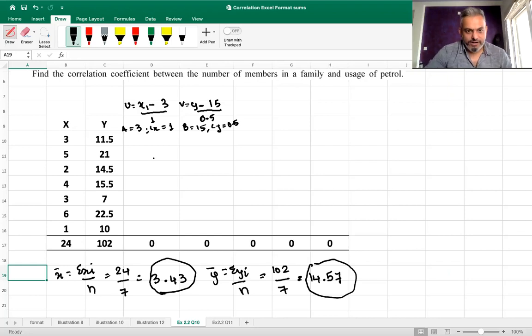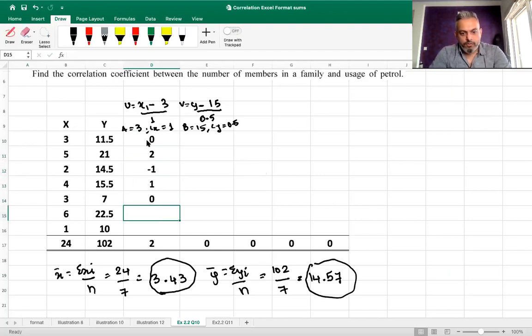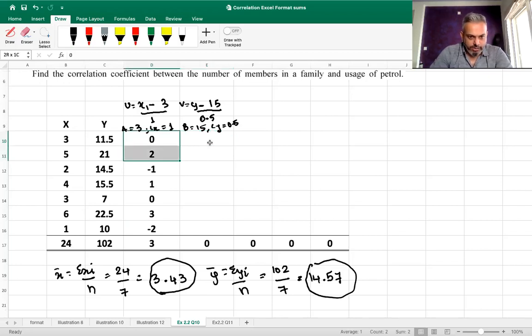So now let's quickly find out u. 3 minus 3 is 0, 5 minus 3 is 2, 2 minus 1 is 1, 1, 0, 3, and minus 2. So total comes to positive 3. I've already given the formula, so directly I got the total is 3.